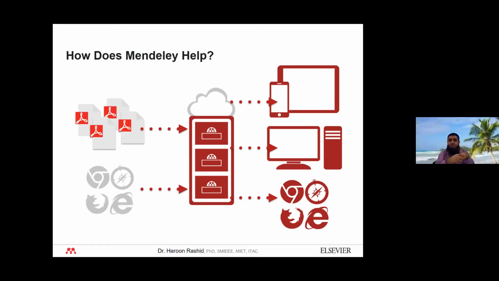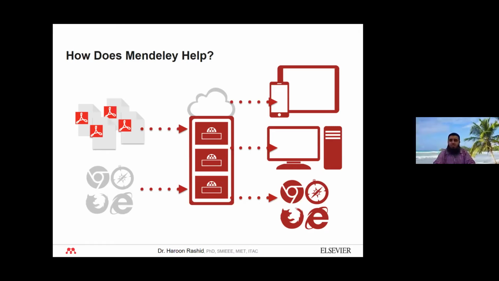In that cloud network, you can store anything. They are giving you this cloud facility. At the moment, with the free account, Mendeley gives you 2 GB free space where you can upload your PDFs. So if you have a lot of PDFs going over 2 GB, you might not be able to use it for free. You have to buy the extra space. Otherwise, you can just use it up to 2 GB.